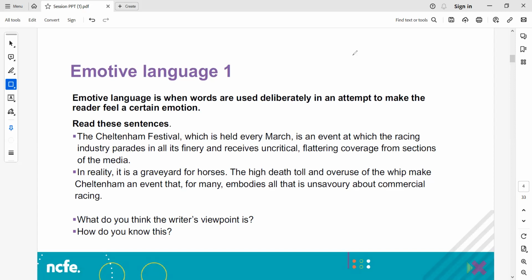You're not sure. Okay. So I'm going to underline some words. Not very well, but there we go. Graveyard. So the graveyard, the high death toll.